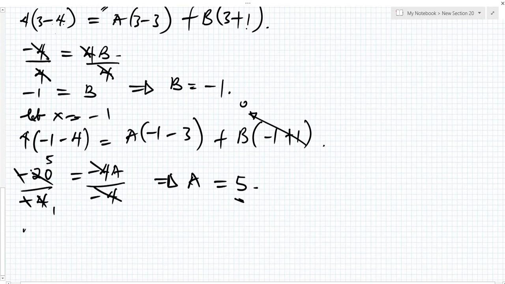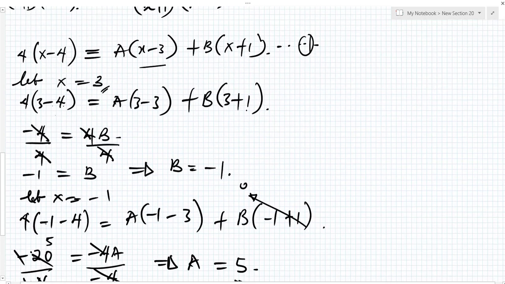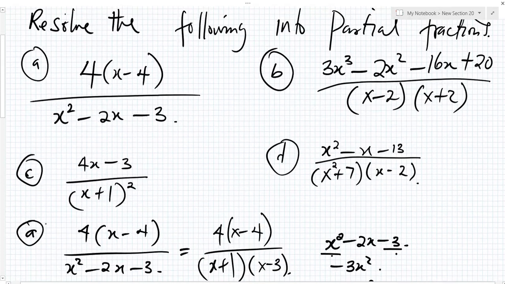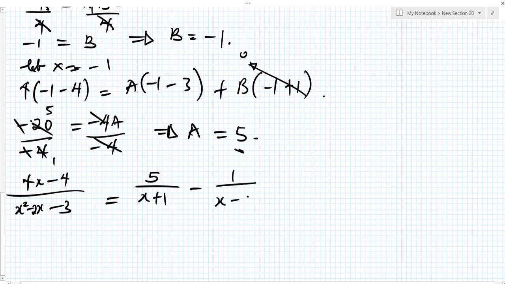So the answer for that expression, 4x minus 4 all over x squared minus 2x minus 3, is equal to 5 all over x plus 1 minus 1 all over x minus 3.